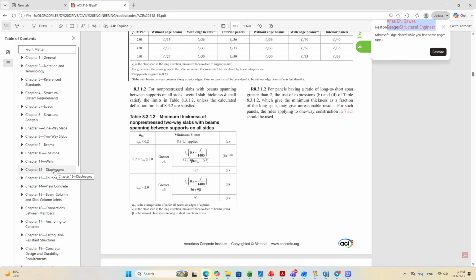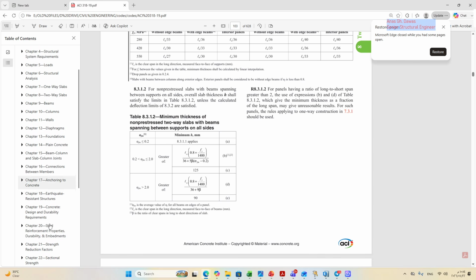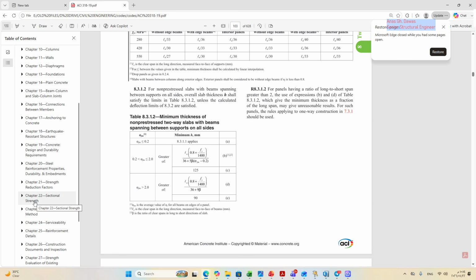The diaphragm will also transfer the seismic forces. Then finally we go to the foundation. Here we also have connections, beam, column, and slab joints. Here is Chapter 22, which is the main topic of today's video.